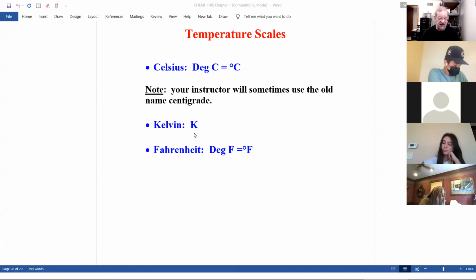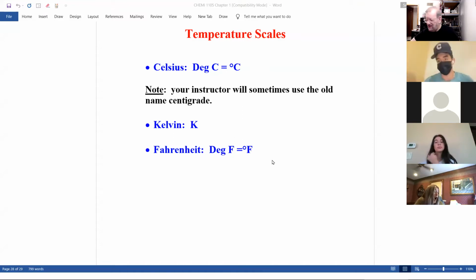It's just K for Kelvin. And Fahrenheit, degrees F. You're probably most familiar with Fahrenheit. And if you drive around Chicagoland, you'll see a lot of signs, time and temperature, and nowadays they show Celsius also.